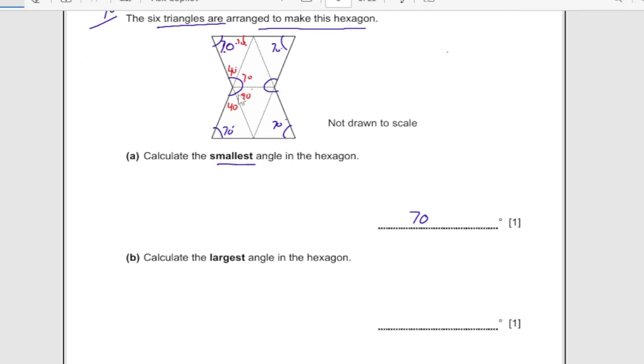So to get the largest angle, we add 40 plus 70 plus 70 plus 40 again, right? So when you add, we get 220 degrees. So 220 degrees is the answer for this one.